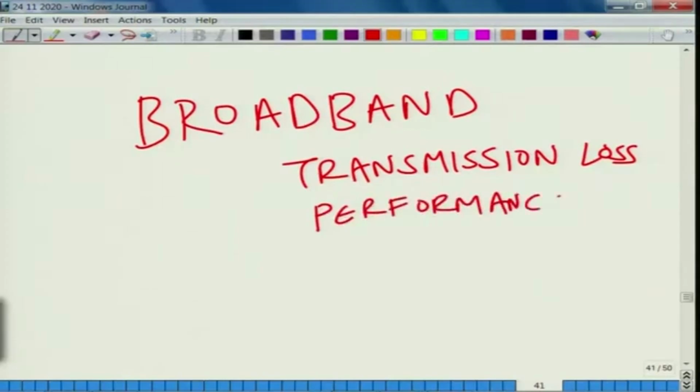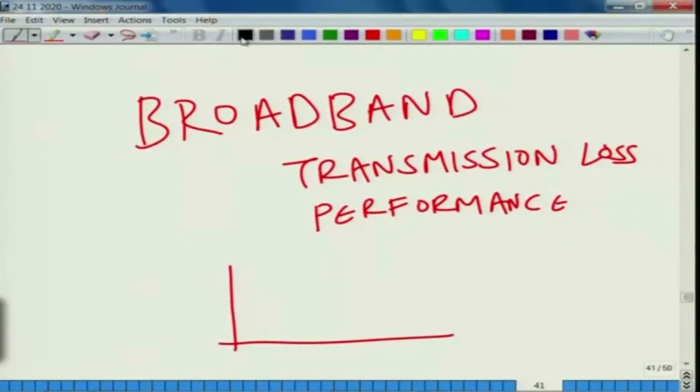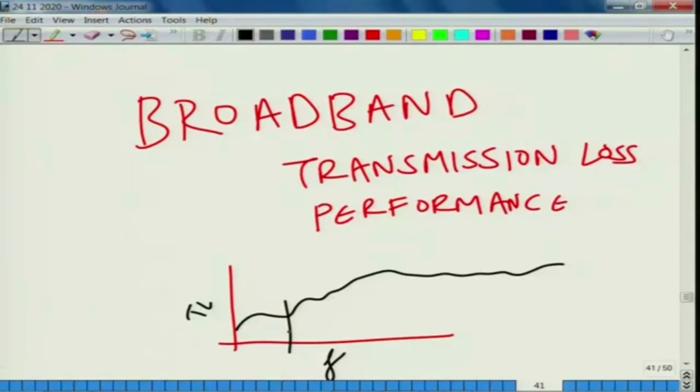We keep hearing this term broadband performance or broadband attenuation in several contexts. In the context of mufflers, it means that the muffler is effective for a large range of frequencies. If you are considering a complicated muffler, this is the TL and here is frequency, and you are getting something like this kind of a curve, what it means is that beyond a low frequency region, the performance is really catching up, and for most of the frequencies you are guaranteed to get a constant, say maybe this is a 10 dB line.